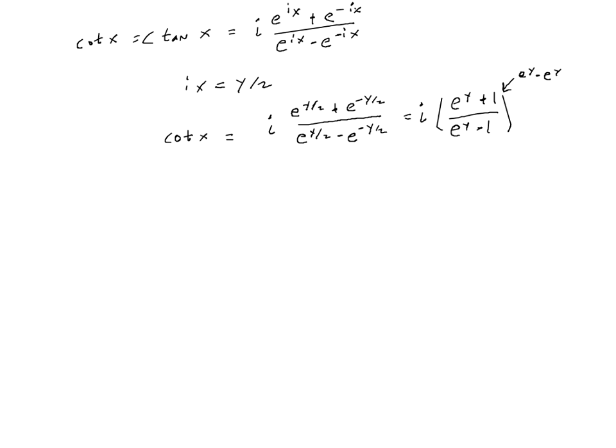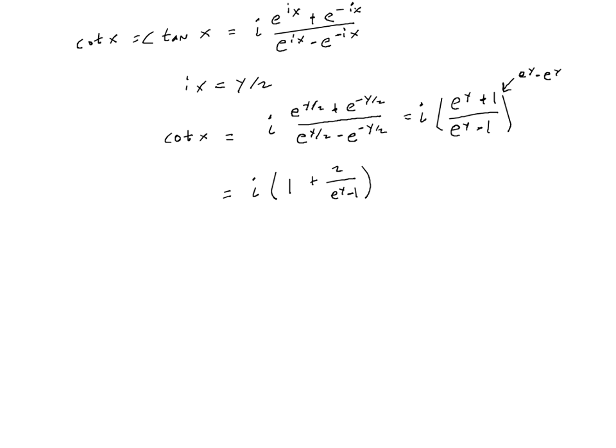When we do that, the minus e to the y and the 1 are going to basically give you a minus 1 term. And then the e to the y plus the other e to the y is going to give you a factor of 2. So you can turn this into i times 1 plus 2 over e to the y minus 1.